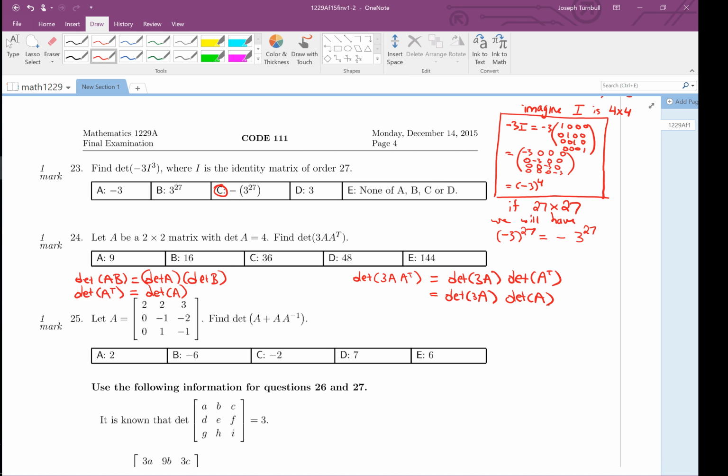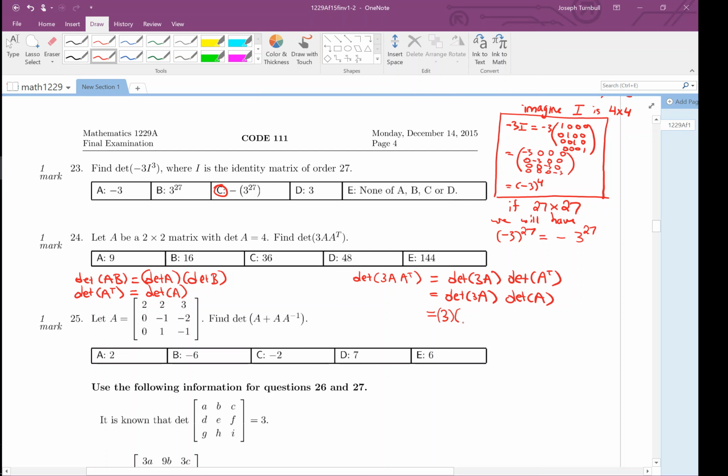Next, multiplying a matrix by 3 means you're multiplying each row by 3. And one of our shortcuts for calculating determinants allows us to common factor a constant out of any row and or any column. So I'm going to take the 3 out of row 1 and out of row 2. This is a 2 by 2 matrix, so it takes it out of all the rows. So I'm taking first the 3 out of row 1, so a 3 comes out.